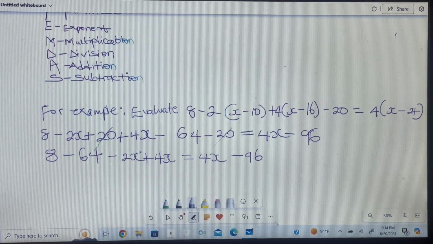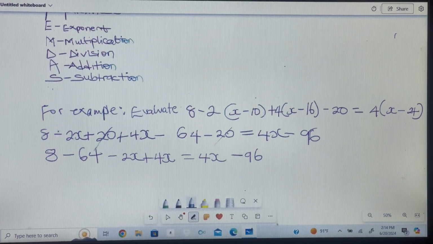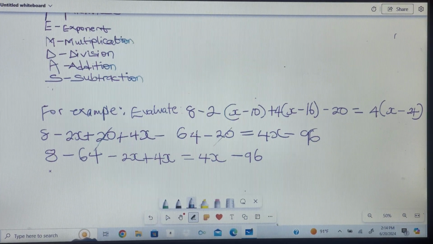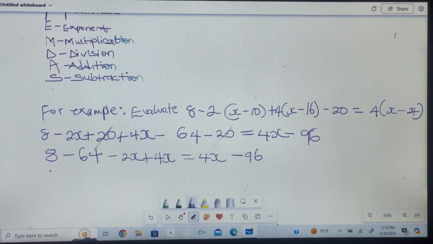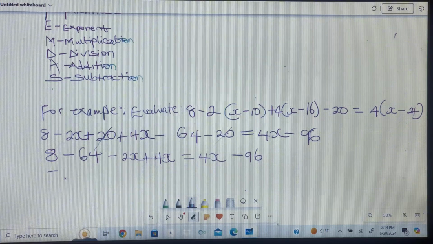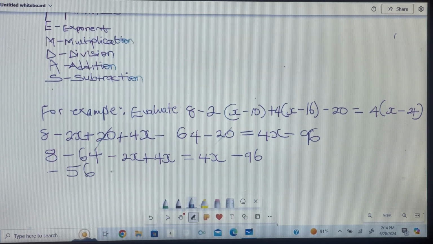Now we have 8 minus 64. You remember the rules. When you have two numbers with different signs, you keep the sign of the larger number. The larger number is 64, so the sign is negative. Then you do the normal operation, take the smaller one from the larger one. 64 minus 8 is 56, so we have negative 56.